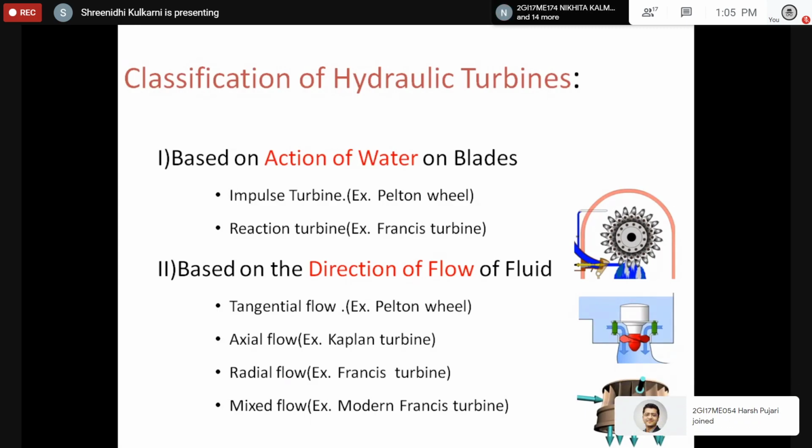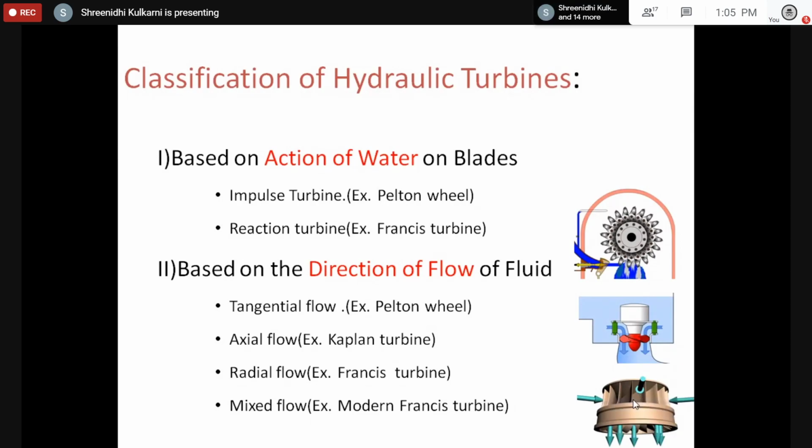I won't take much time for this because you already know what an impulse turbine and a reaction turbine are. For the impulse turbine, the example I took is the Pelton wheel. The first diagram indicates a Pelton wheel because the nozzle is present. In the nozzle the pressure reduces and the velocity increases, so we get a high-velocity jet striking the turbine blades.